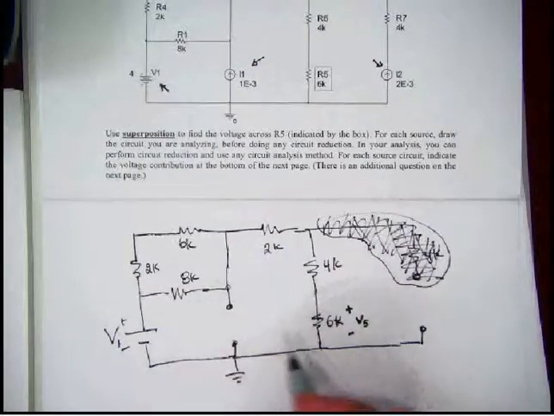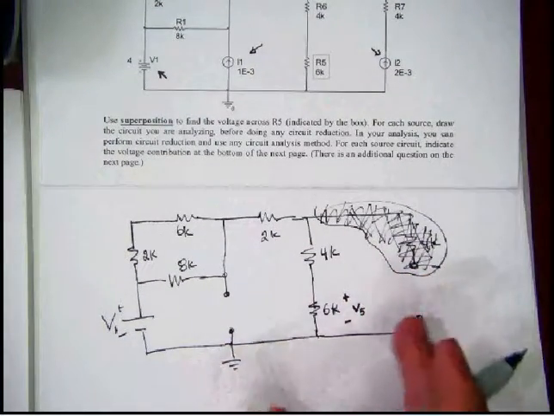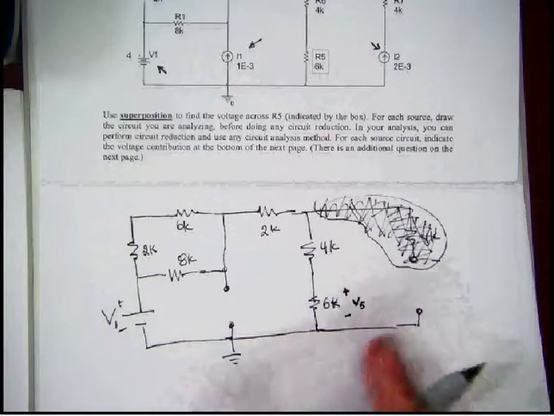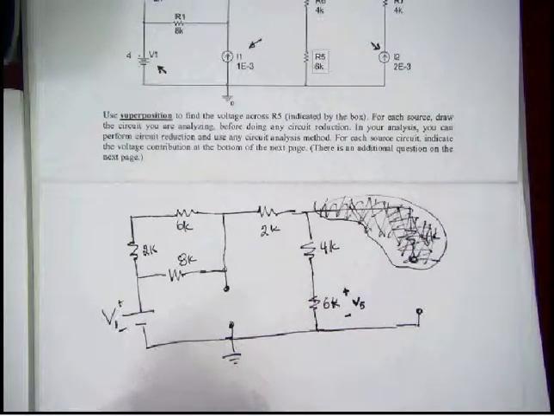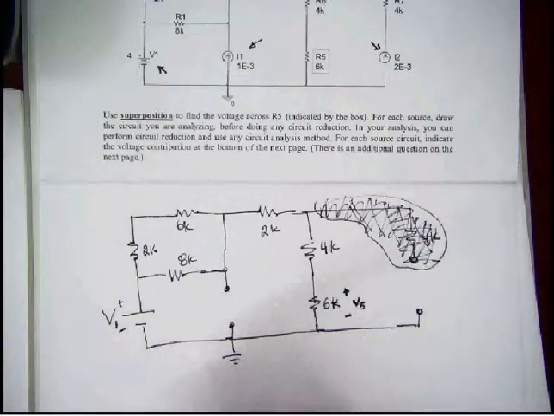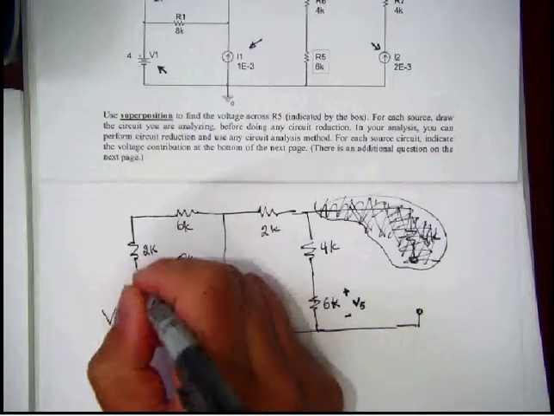Okay, so now that I've drawn that, I'm going to redraw it in a way that makes sense to me as I do my analysis. You don't have to do it this way, but you've got to do what makes sense for you. So I'm right here at that node.